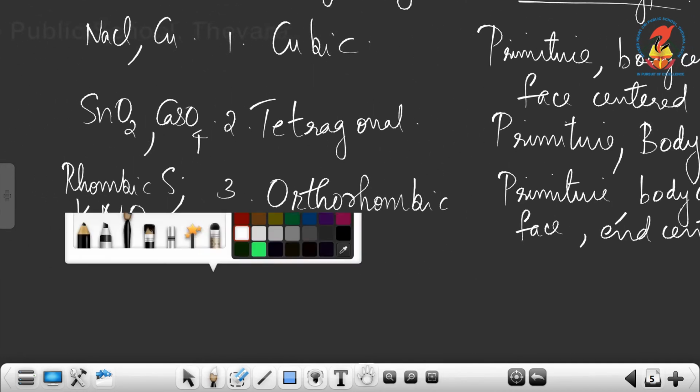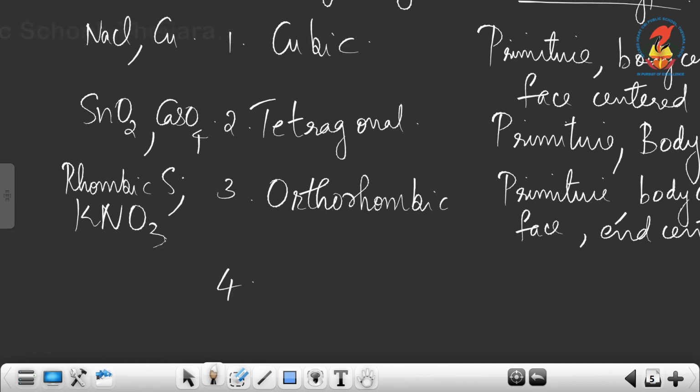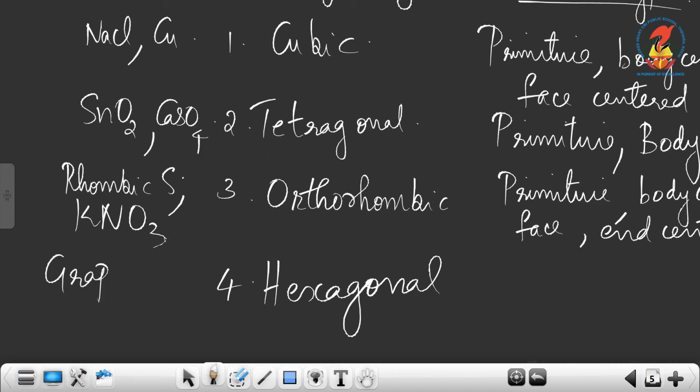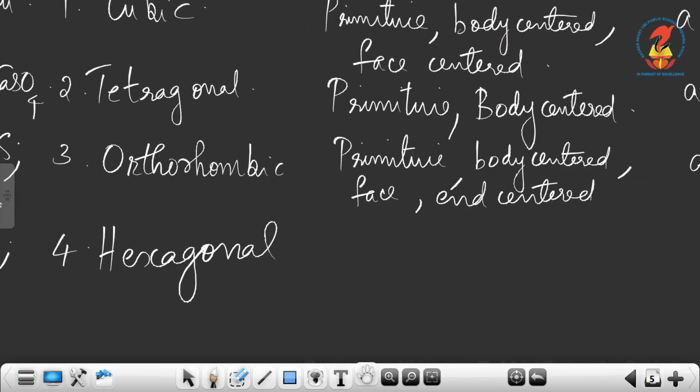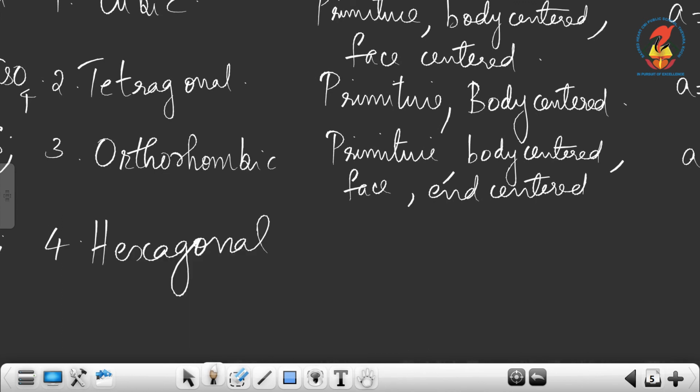Now number 4 is hexagonal. Hexagonal crystal system, and hexagonal crystal system example is graphite and zinc oxide. And the possible lattice type is primitive.